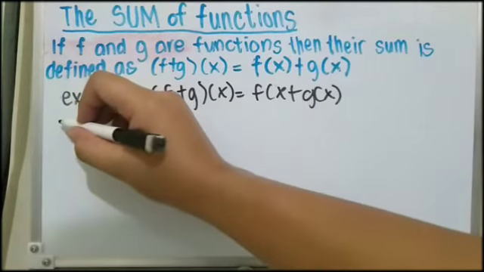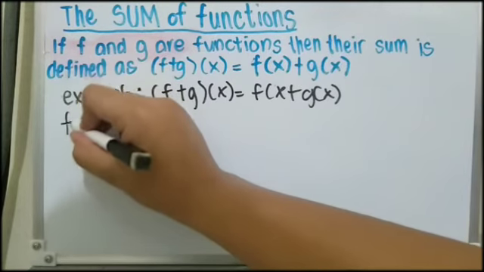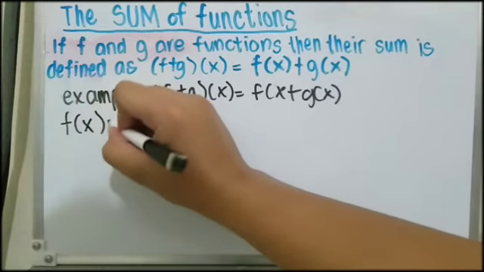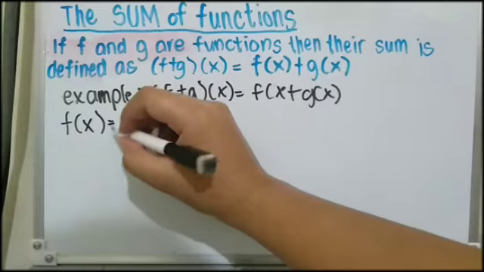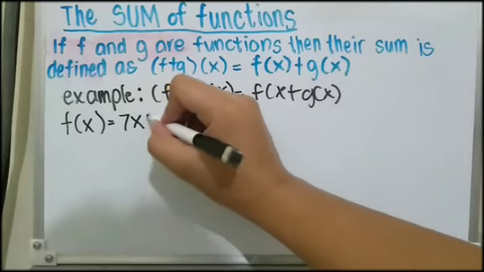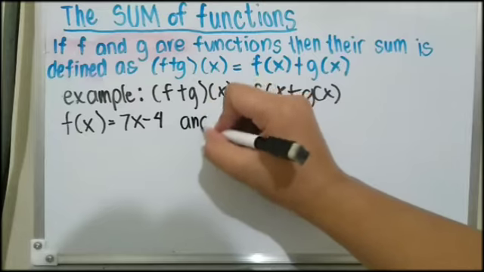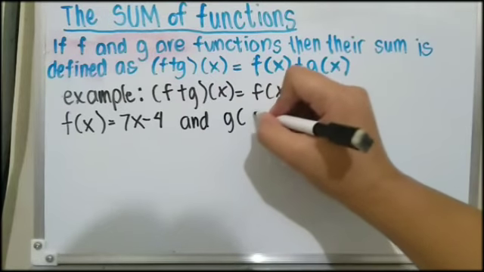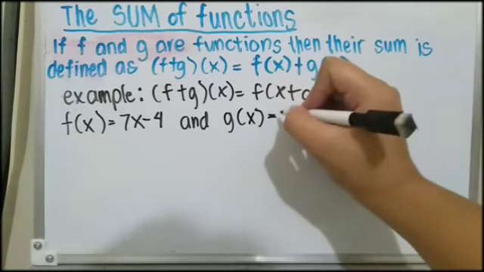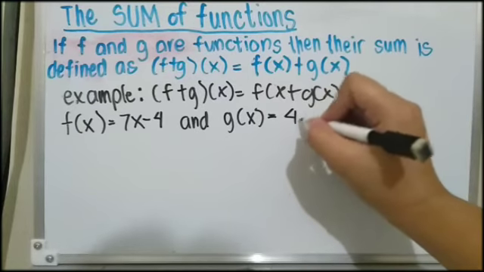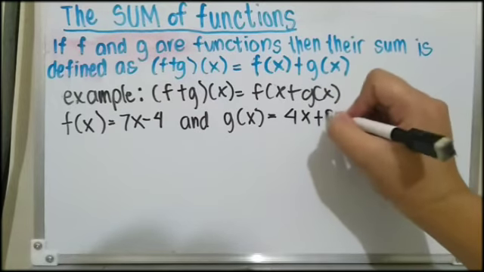So let's say that f(x) is equal to 7x minus 4 and g(x) is equal to 4x plus 8.